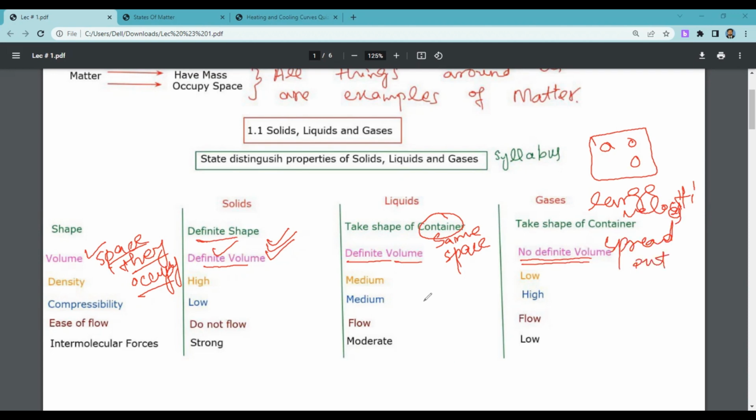For example, a gas is enclosed in this volume. Their particles are present here. If we enclose this gas in this container, which is highly big, then you can see that the gas will occupy this container. It means they have no definite volume. Their volume can be changed.